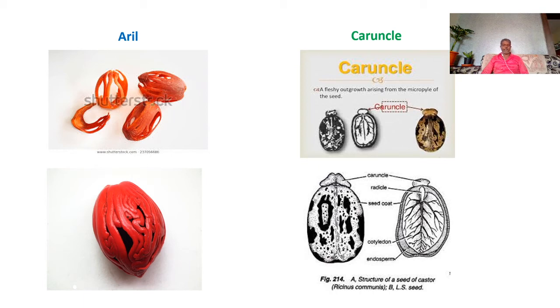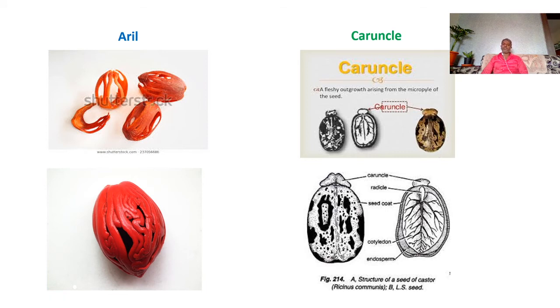These outgrowths develop from the cell divisions of the cells at the nucellar region surrounding the micropyle.